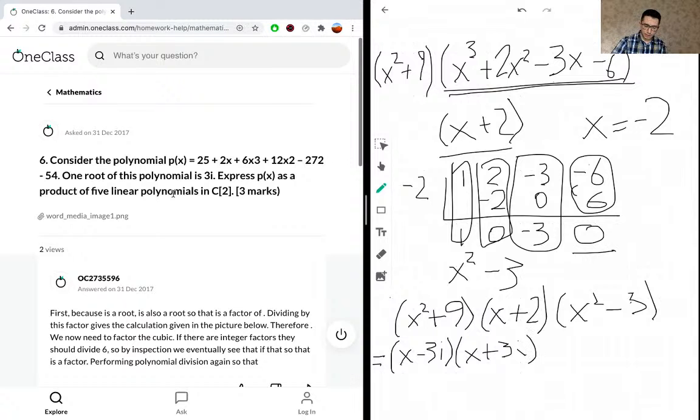And we have x plus 2, which is in the correct format.